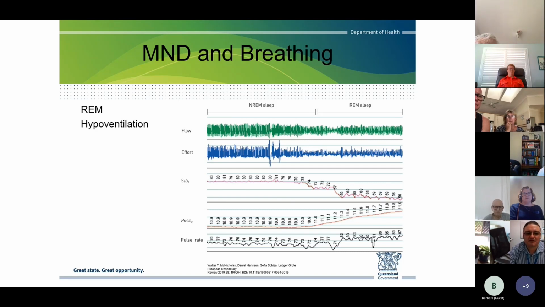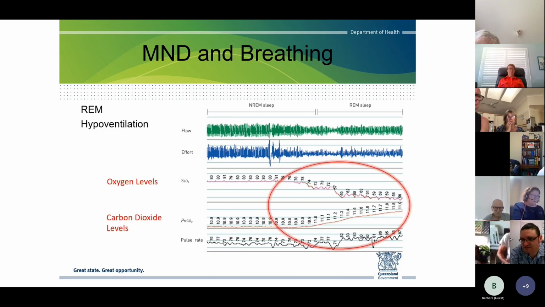Unfortunately, with people with motor neuron disease and other conditions involving muscle weakness in the diaphragm, we see this really bad thing happen where your oxygen levels drop considerably and your carbon dioxide levels increase. This is a full hyperventilation syndrome.